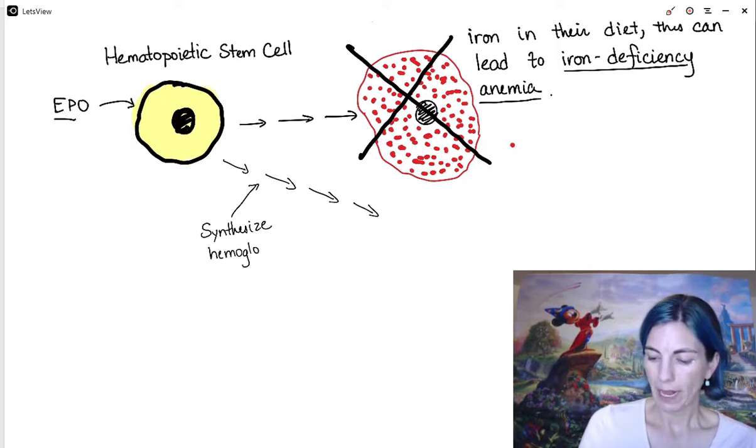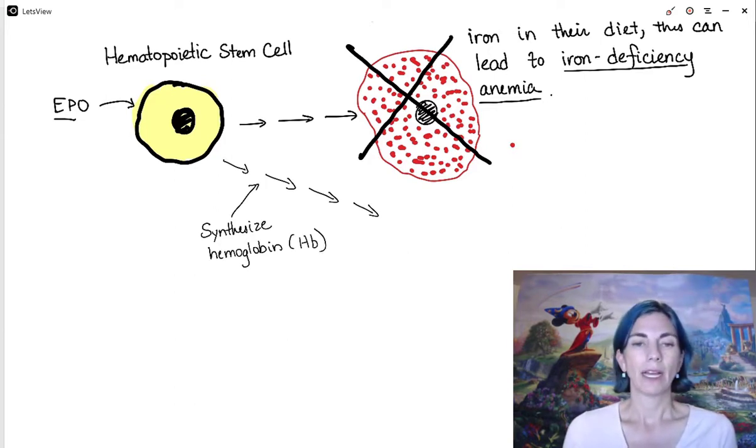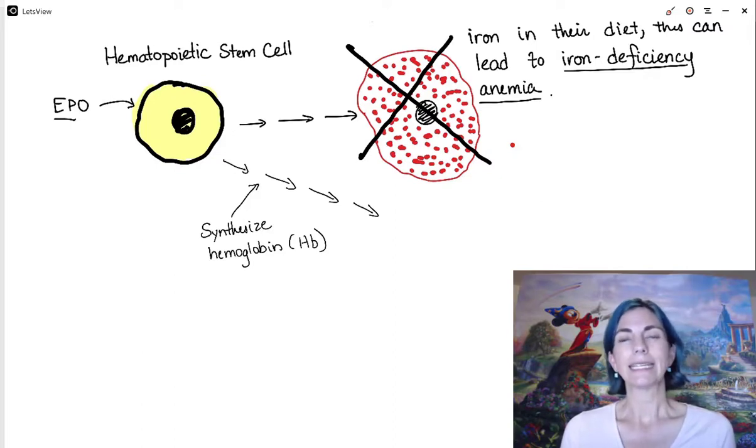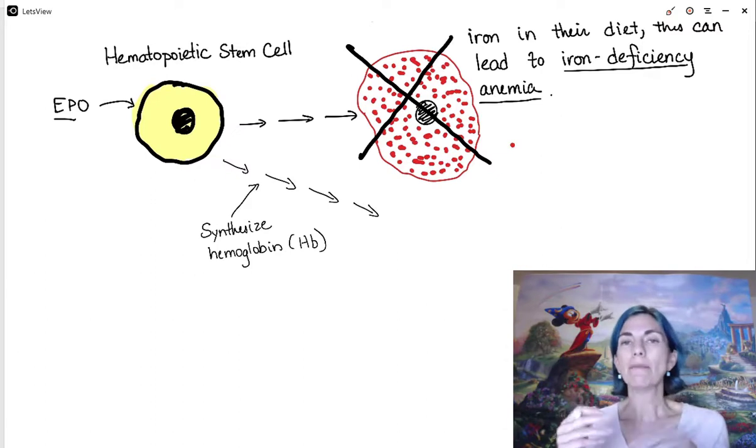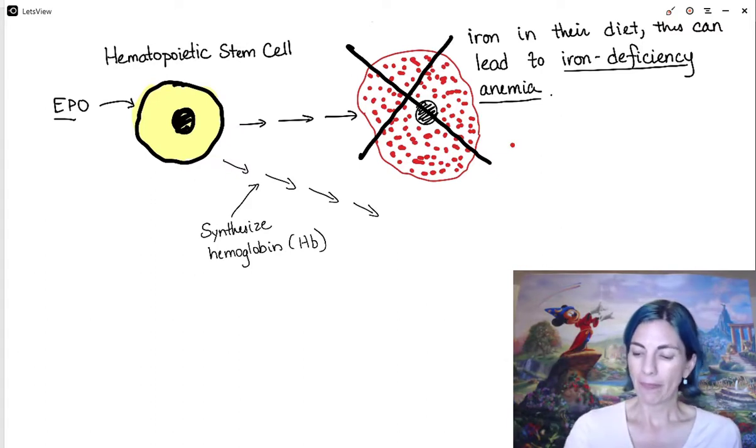I'm going to put up the chemical symbol for hemoglobin, just so that you recognize it. But it needs to synthesize hemoglobin at the same time that it's actually getting smaller. The hemoglobin will make it more red, so these cells end up looking more red. But then it needs to kick out bulky organelles.